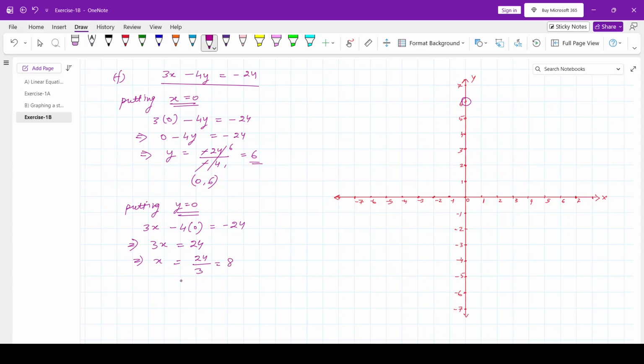So we can say the point 8 comma 0 lies on the line, and that will be 8 comma 0, this point. If we draw a straight line from the 6, this will be our line for the equation 3x minus 4y is equal to minus 24. And that's our answer.